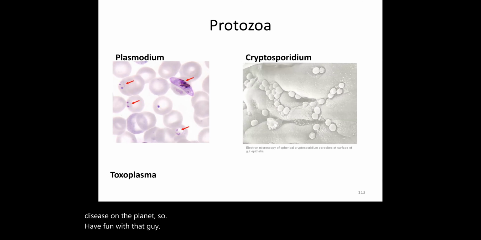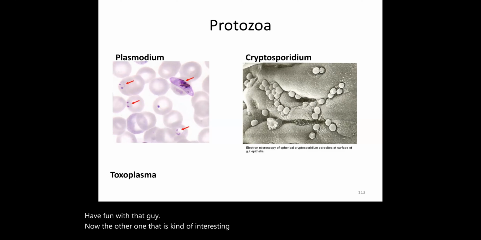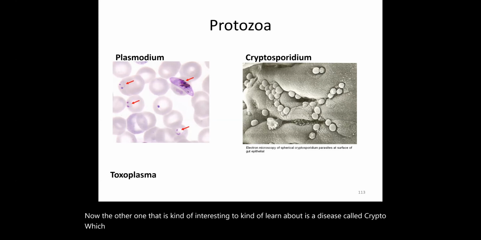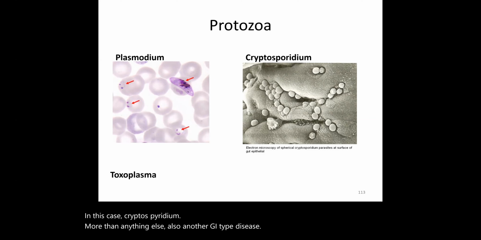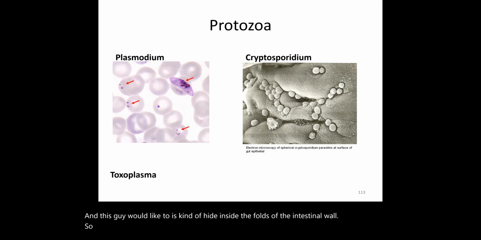Now, the other one that is interesting to learn about is a disease called crypto, which comes from an organism called Cryptosporidium. In this case, it's also a GI type disease. What it likes to do is hide inside the folds of the intestinal wall, those little folds that you have within your intestine. That's where it hides itself, and so that's the term crypto.